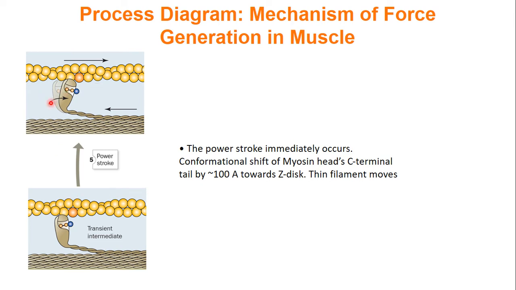The myosin head shifts back towards the C-terminal tail. That causes the thin filament to move backwards. And this can have a big movement of 100 angstroms towards the Z disc. And so what happens is that, like I said, your thin filament will move.